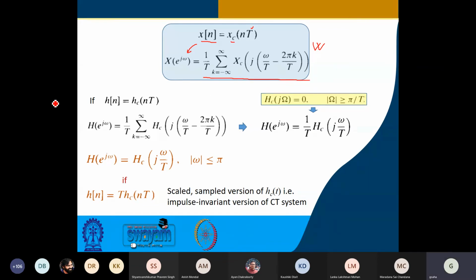This Ω is ω/T, with 2πk/T as a repetition, and 1/T is a factor that comes in. We had arrived at this relationship before, so we are not going to discuss the process again. Please refer back to that, but we shall be using this relation here.